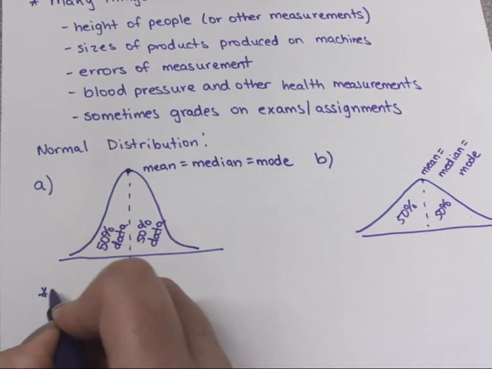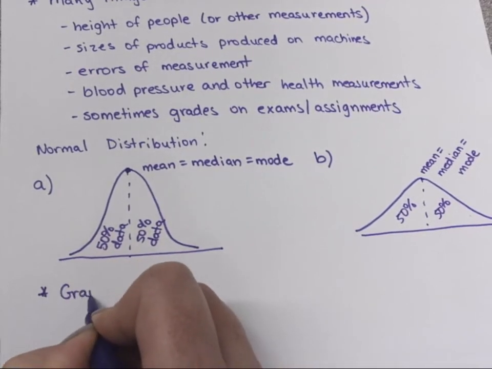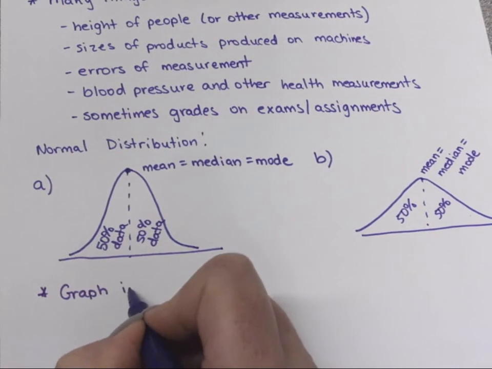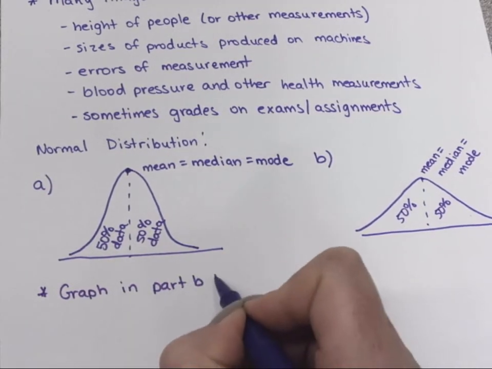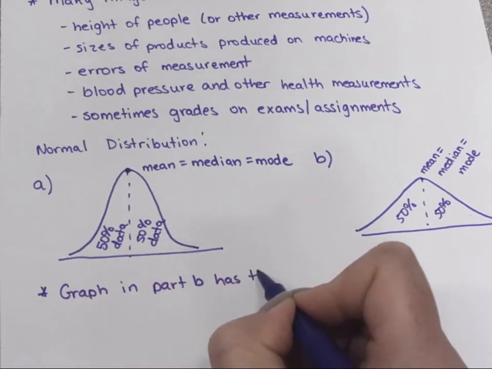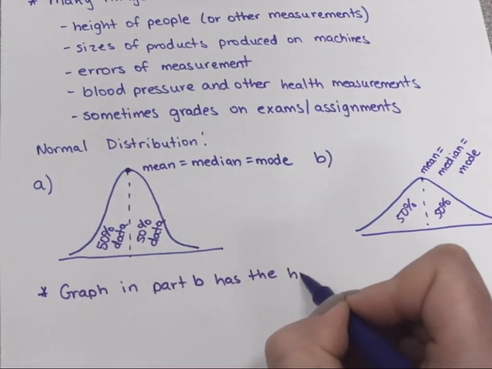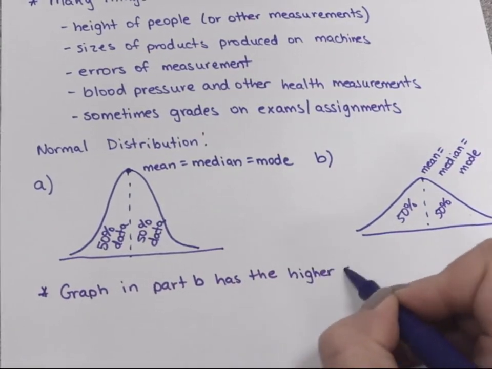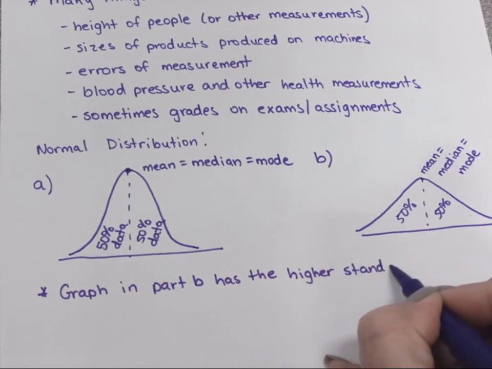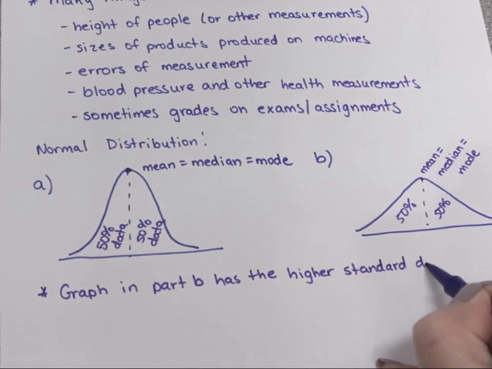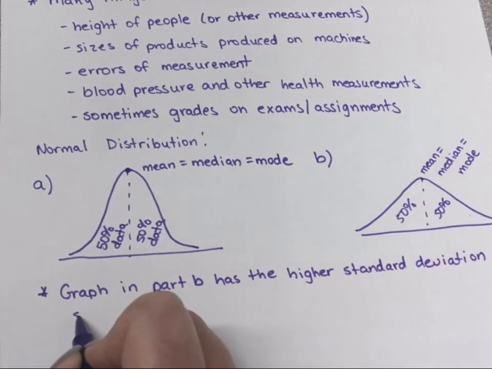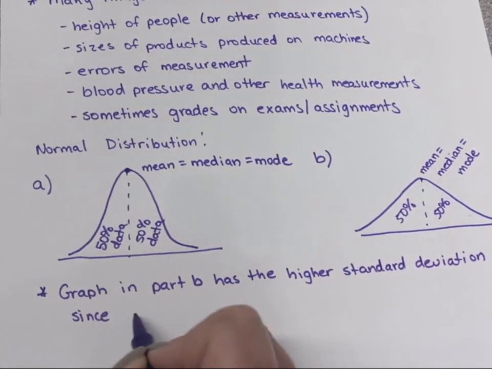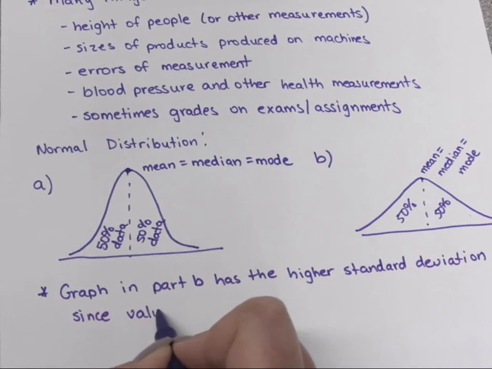Okay, so comparing these two, the graph in Part B has the higher standard deviation. The reason it has a higher standard deviation is because the values seem more spread out. The graph is wider.